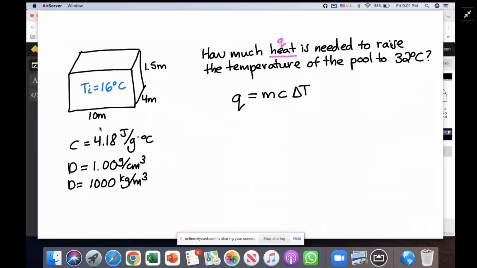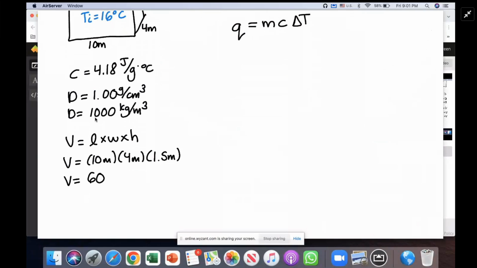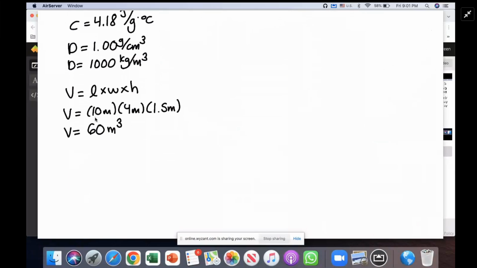Let's find our volume and then use it to find our mass. The volume of a box is just length times width times height. So I'm going to plug in 10 meters times 4 meters times 1.5 meters, and that gives me 60 cubic meters. I don't want volume, I want mass.